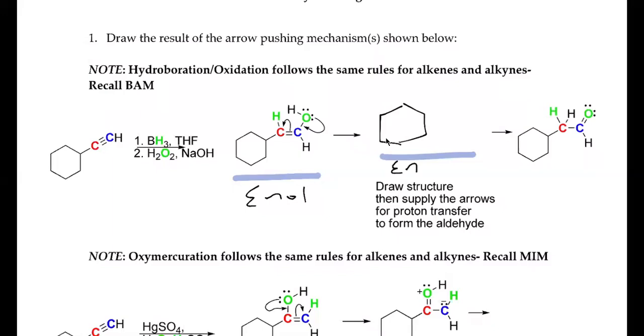So based on the arrows that are shown, what should that structure look like, the intermediate? What is it going to look like?